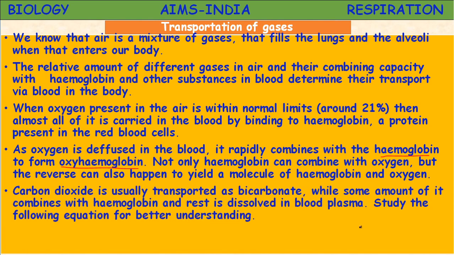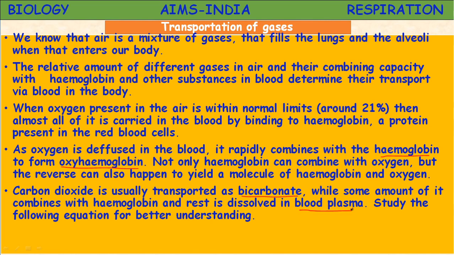Okay children, carbon dioxide is usually transported as bicarbonate. Oxygen is transported in the form of oxyhemoglobin, whereas carbon dioxide is transported in the form of bicarbonate, while some amount of it can combine with hemoglobin and the rest is dissolved in blood plasma.